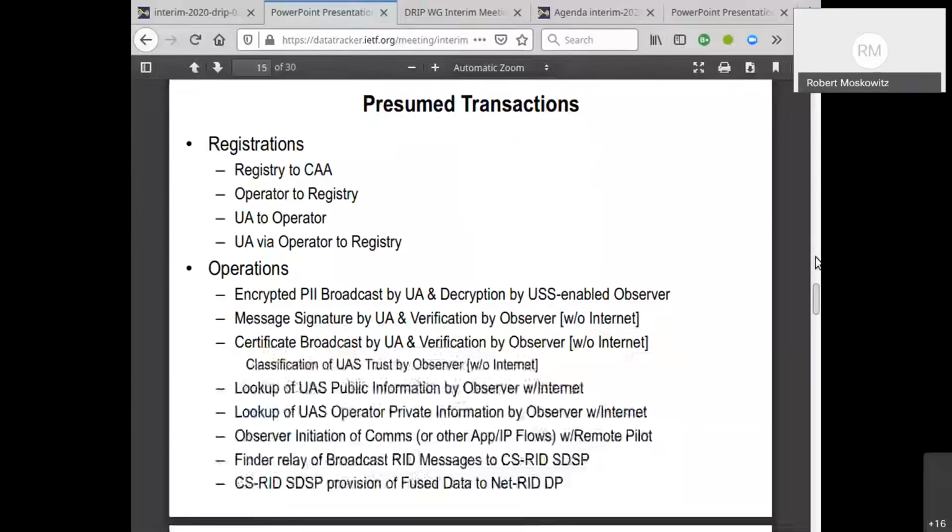Yeah. One thing for context, USSs are related to what in manned aviation is called an ANSP, an Air Navigation Service Provider, and different countries have adopted different models. In some countries, there is one and only one ANSP, and it is the same thing as the Civil Aviation Authority. It is a governmental agency. In other countries, there is one and only one ANSP, but it is a private company to which the CAA has contracted the function.